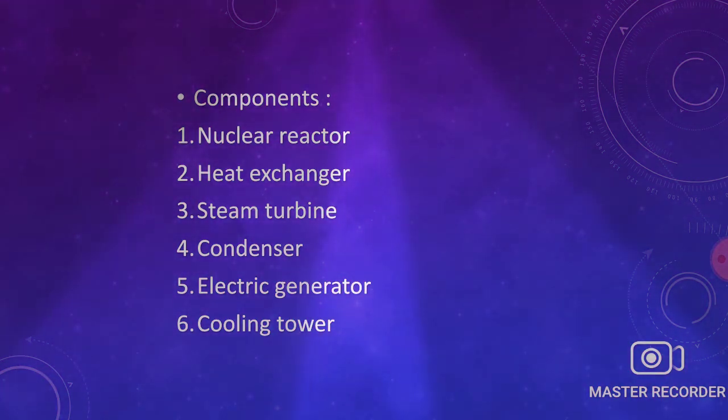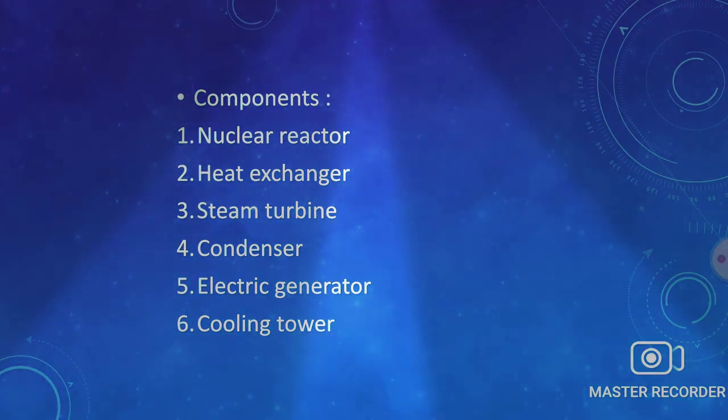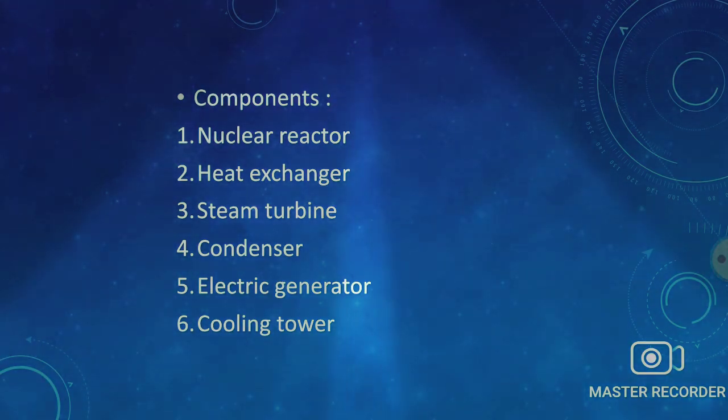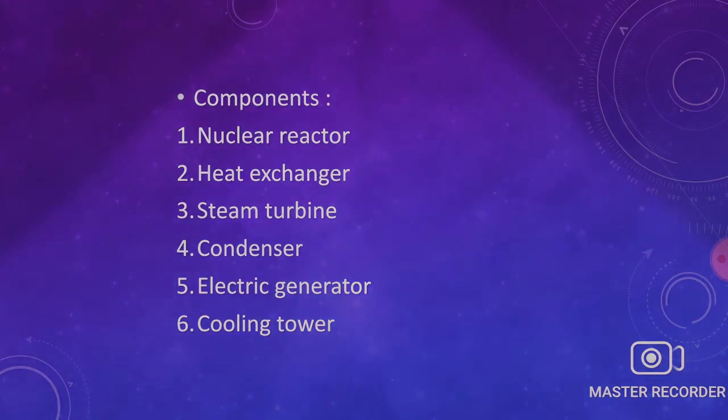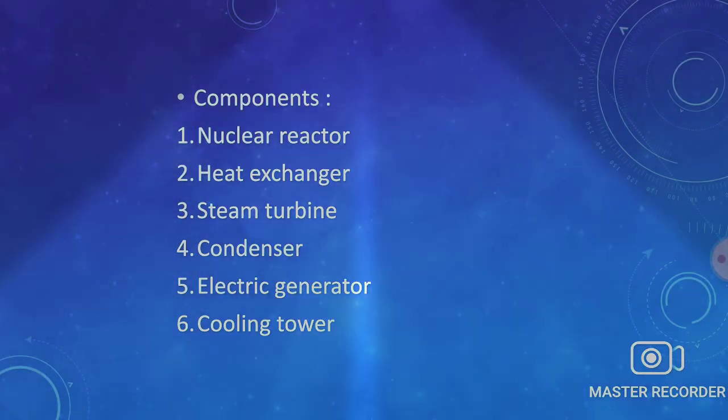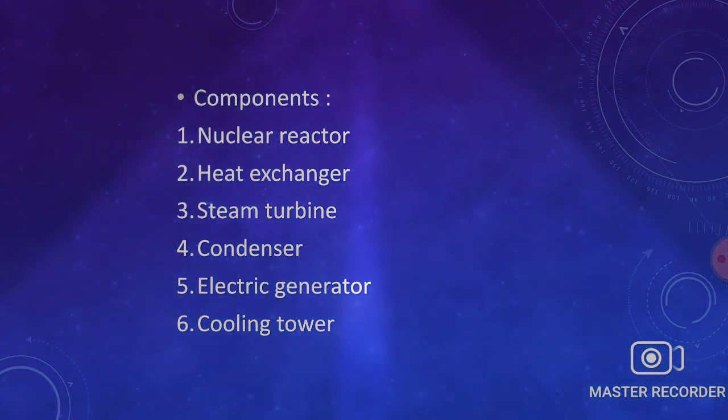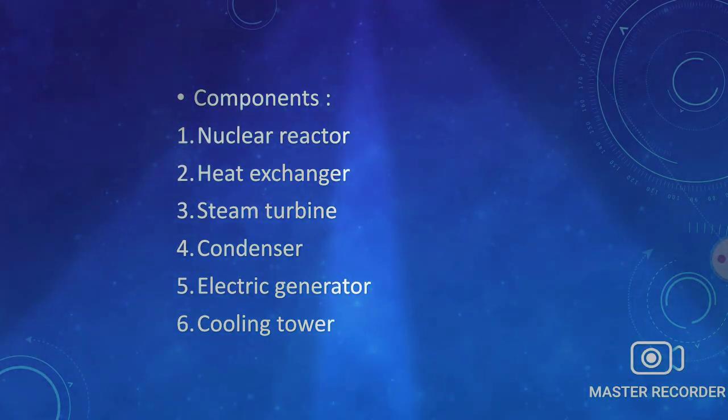In a nuclear energy plant, heat is produced from splitting atoms, a process called nuclear fusion. There are three steps. Nuclear reactor creates heat that is used to make steam. The steam turns a turbine connected to an electromagnet, which is called a generator. The generator produces electricity.